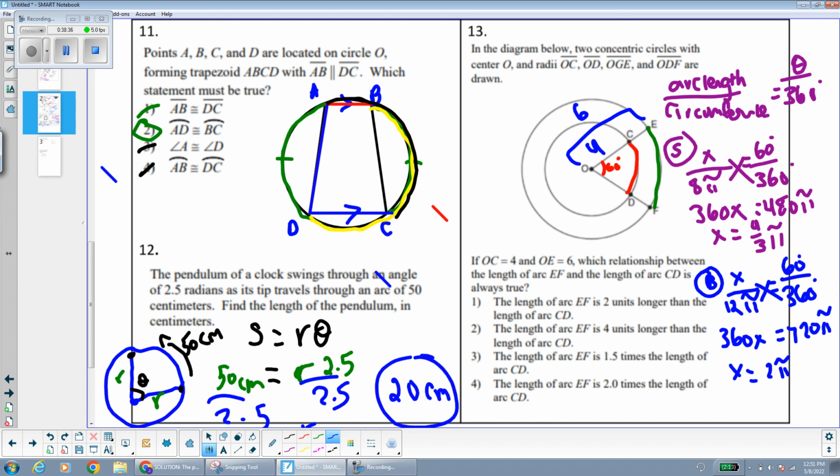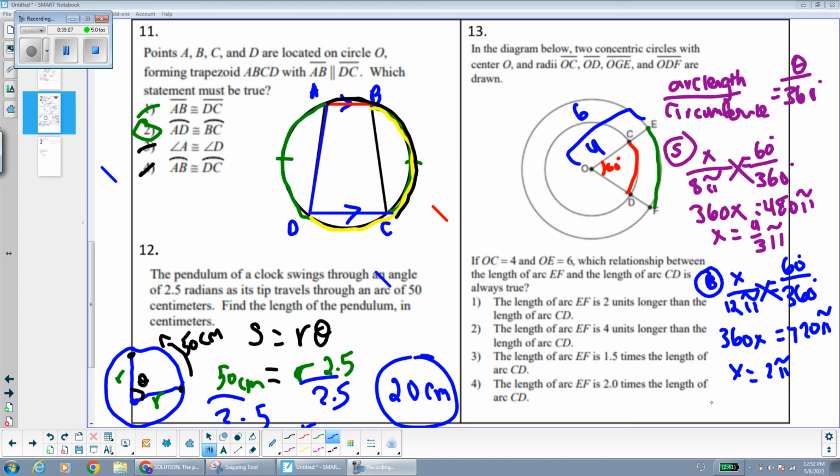So on my calculator, I'm just going to see 4/3 divided by 2. Okay, so 4/3 is about 1.3 repeating, and 2 is 2, so 2 is bigger. And it should be bigger because that's from the bigger circle anyway.